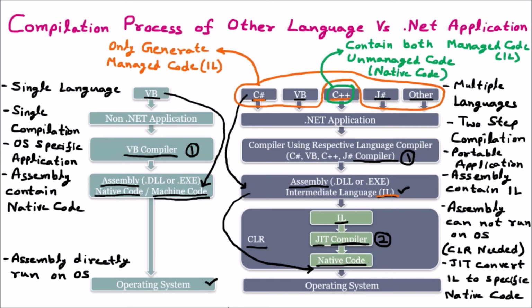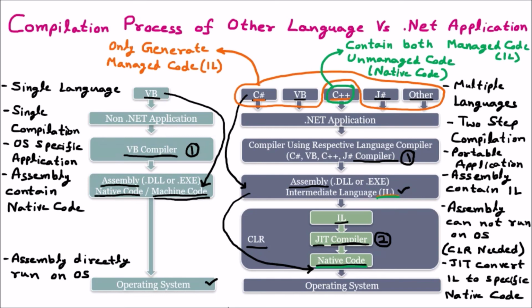So the meaning is that only C++ is given the option to contain the intermediate language. If you want it to be shared, you can work with the IL. IL means managed code. And if you want the C++ project to run directly on the system, no problem, you can have the native code, so with a single compilation.